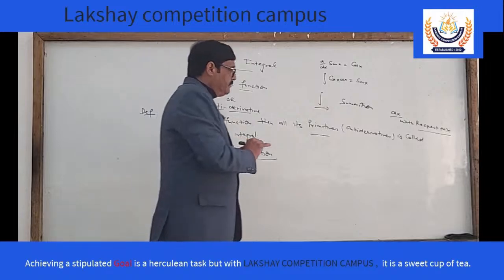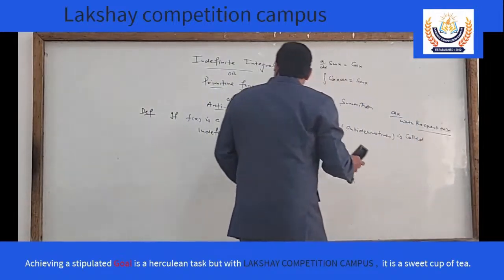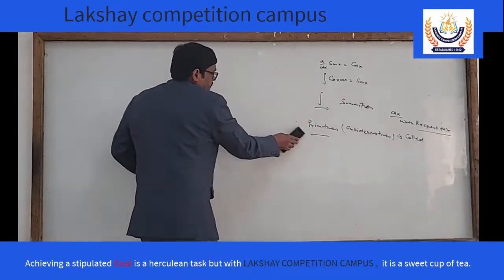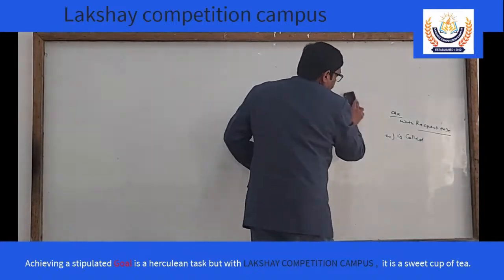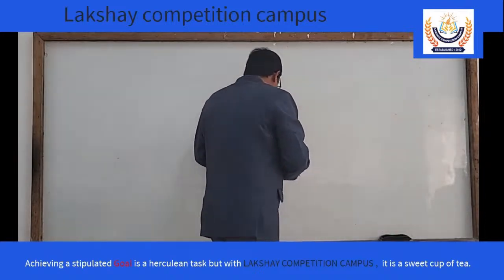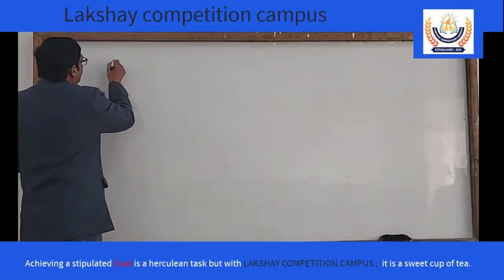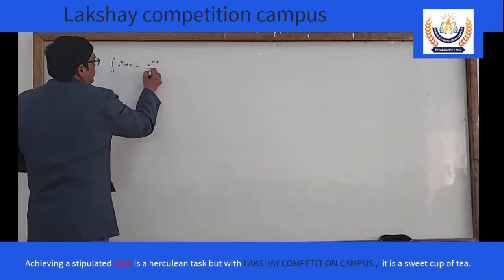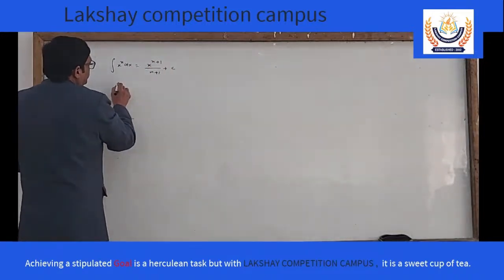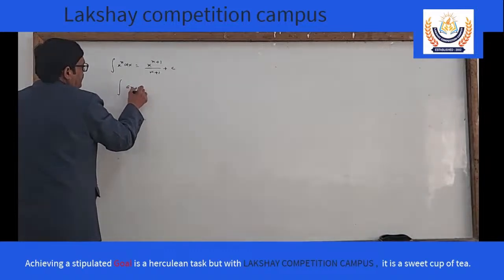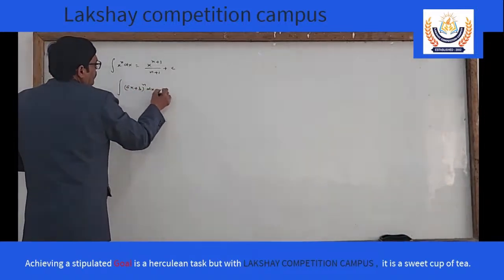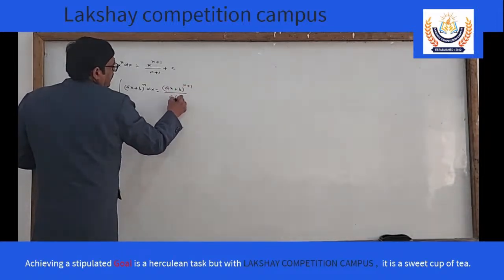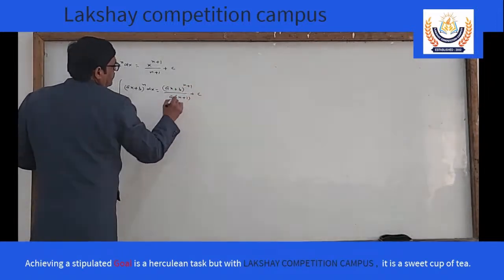Now here there are some formulas to find the indefinite integrals. The integration of x raised to power n equals x raised to power n plus 1 upon n plus 1, plus constant. (ax plus b) raised to power n integrates to (ax plus b) raised to power n plus 1 upon a into (n plus 1), plus constant c.